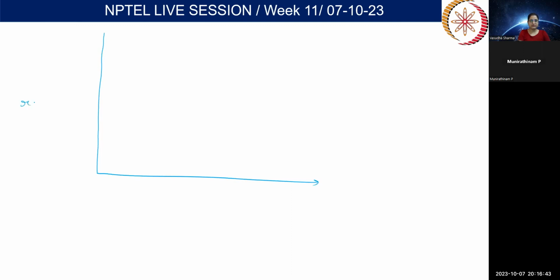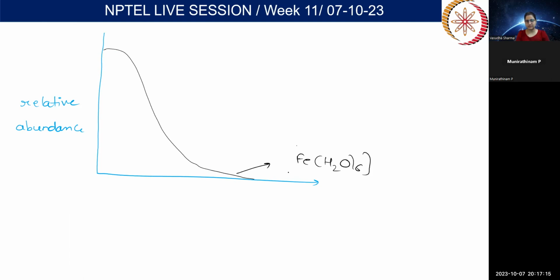So now let us see the relative abundance when ligand exchange happens. The graph goes like this. This one is for your iron hexaaqua complex. It says that it was earlier 100%, then it comes to 0. The relative abundance means its concentration.